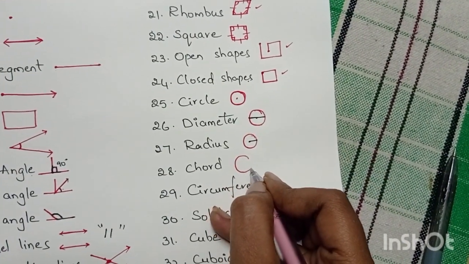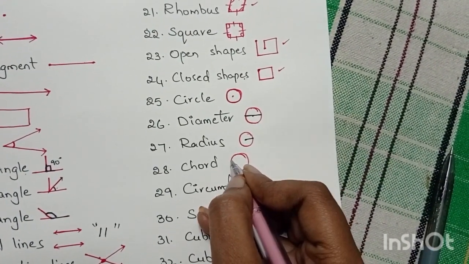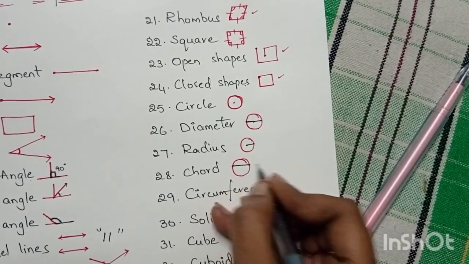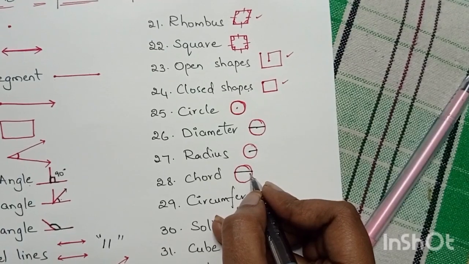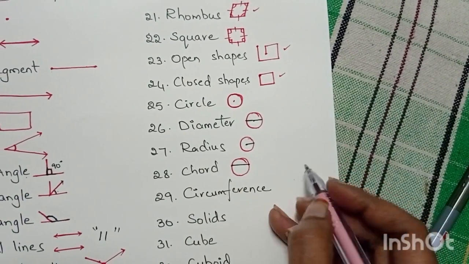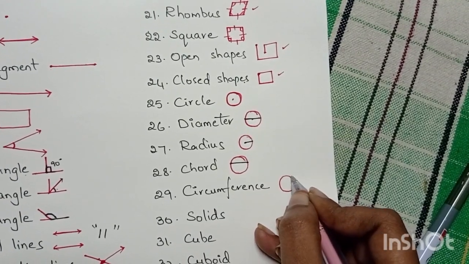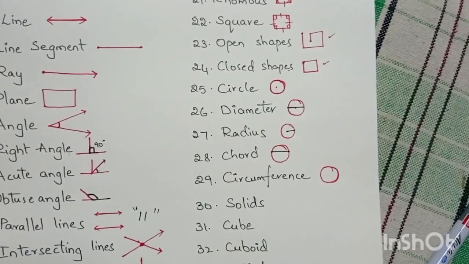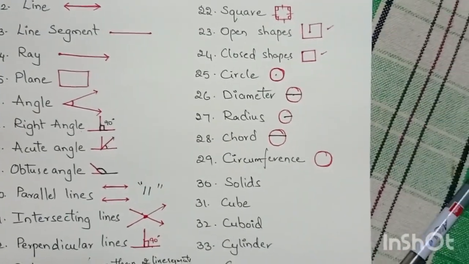On a circle, if you take any 2 points and you join them using a straight line, that is called chord. And the boundary of a circle is called circumference. The boundary of rectangle or square we call as perimeter, but in circle we call it as circumference.